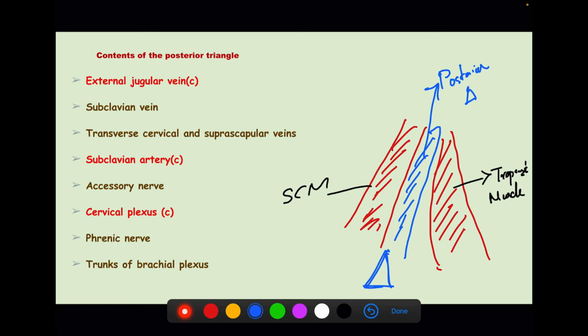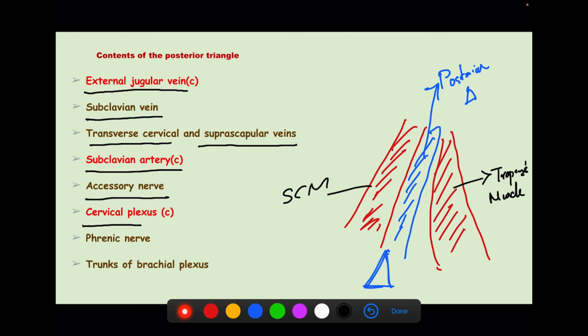The contents of the posterior triangle: external jugular vein, subclavian vein, transverse cervical and suprascapular veins, subclavian artery, axillary nerves, cervical plexus, phrenic nerves, and trunks of the brachial plexus. Now you will ask, what is this C meaning?